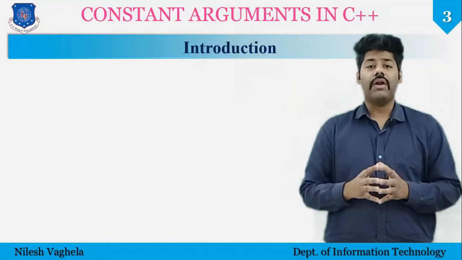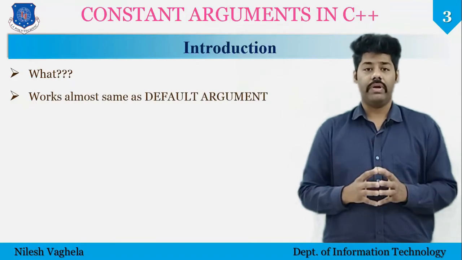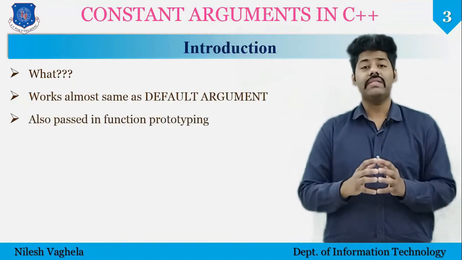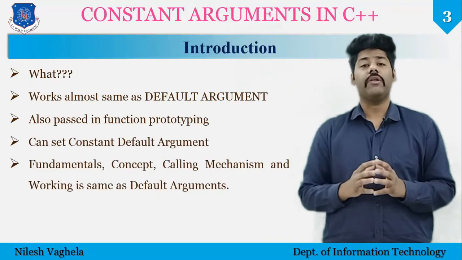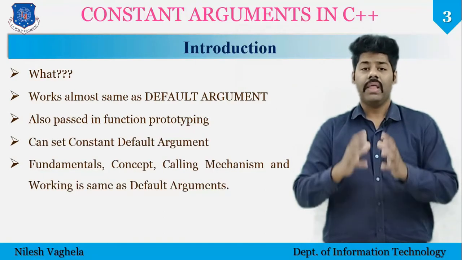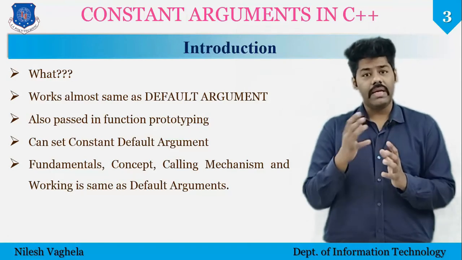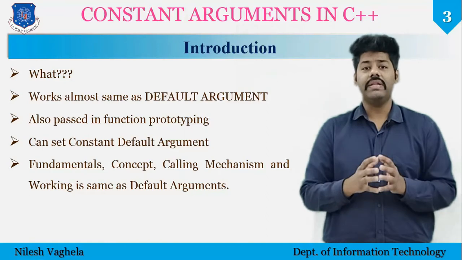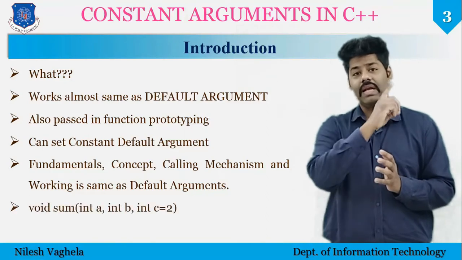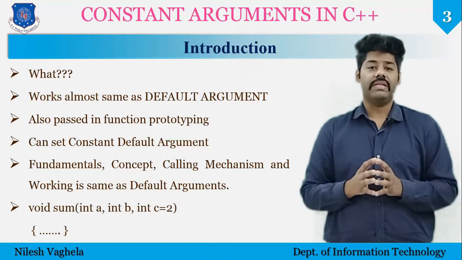Same as default arguments, constant arguments are also passed in function prototyping, and we can set constant default arguments as well. The calling mechanism and the concept are the same as default arguments. If you have not seen that video, please click the I button above, or I have given the link in the description box. You can see it from there as well.